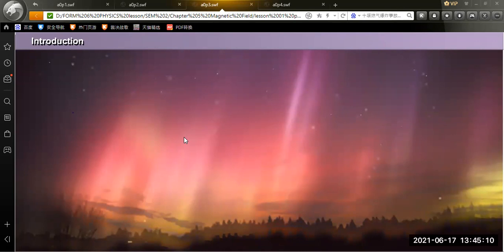We call this phenomenon the Aurora. The Aurora phenomenon just happens at the North Pole of the Earth. It never happens in Malaysia. It never happens at the equator. Just not only in the South Pole.